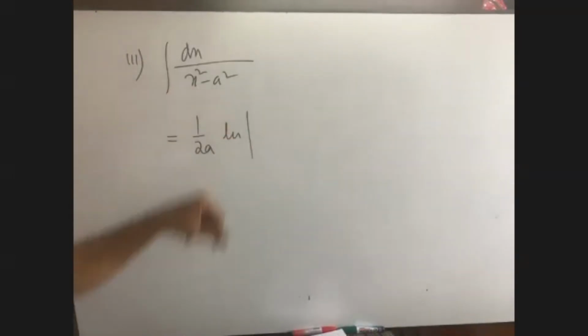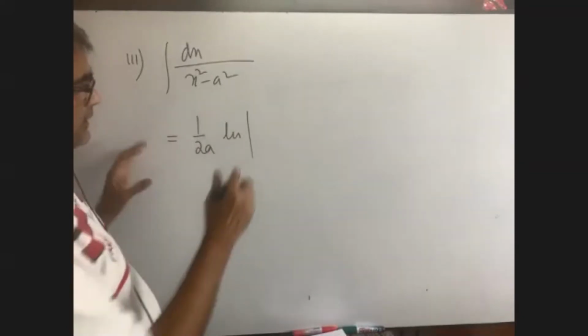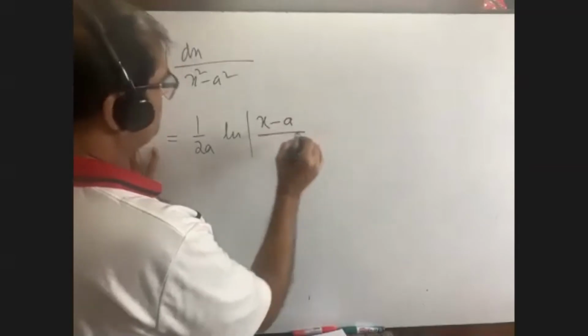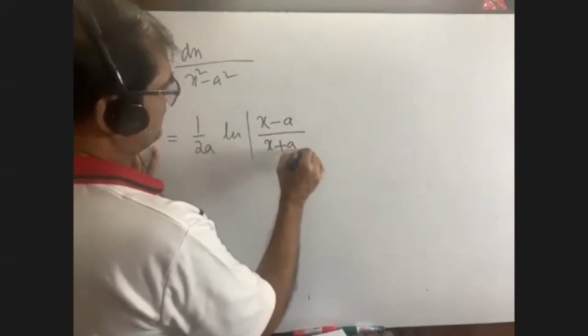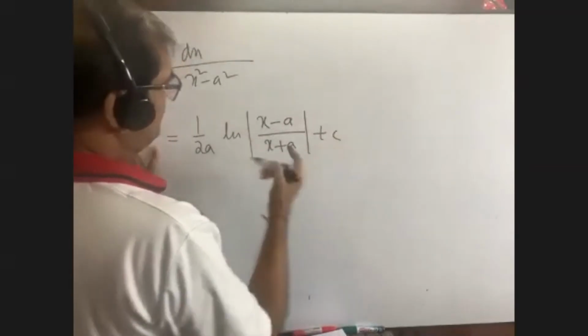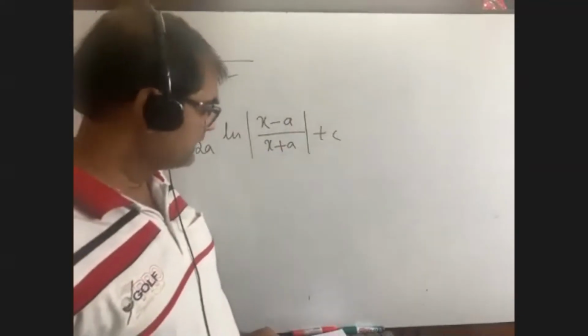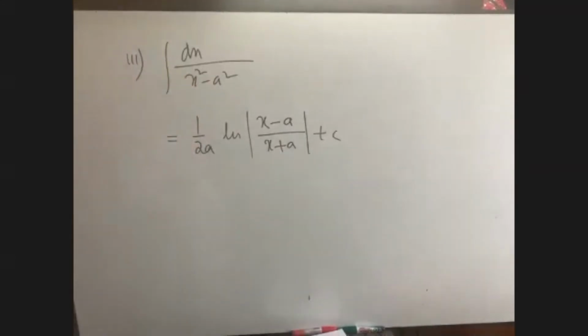Now it is x square minus a square. So here it will be given as 1 by 2a ln of (x minus a) by (x plus a) plus c. It will be in the same manner. If you go for the proof, you will get this. Same type, same style. If we calculate, we will get this.